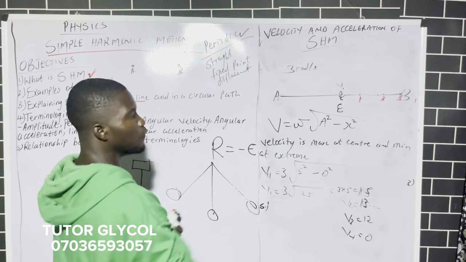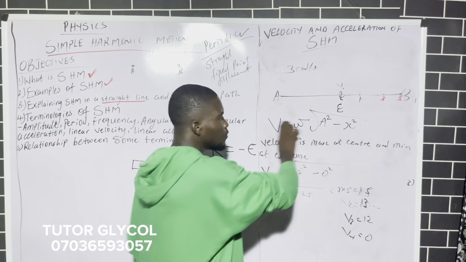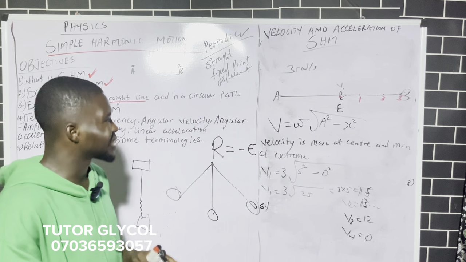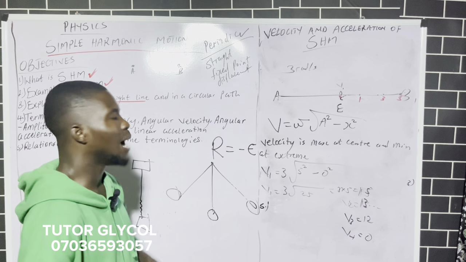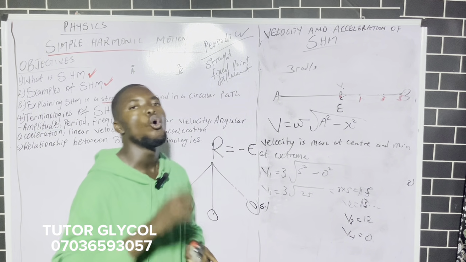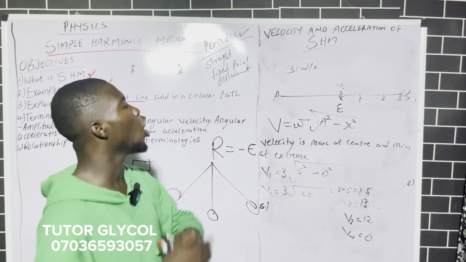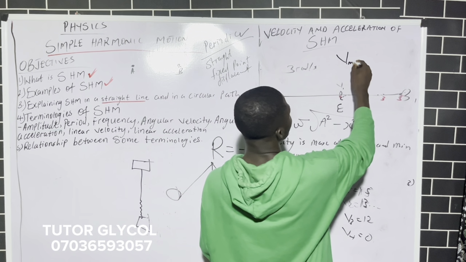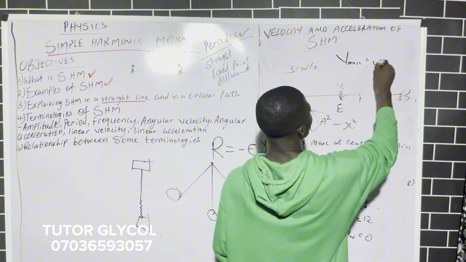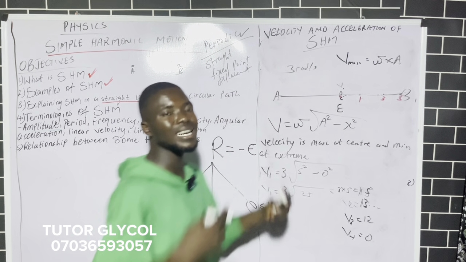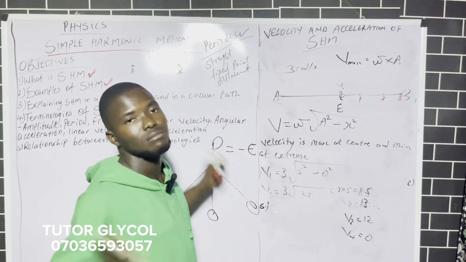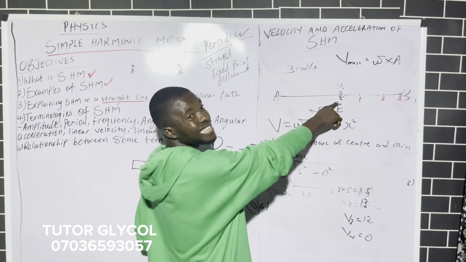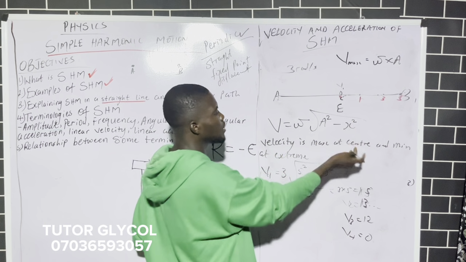So that is for velocity. This is the velocity formula for simple harmonic motion. To go straight to the point, because we know that velocity is maximum at the center and minimum at the extreme, if they ask you what the maximum velocity is, instead of all this long process, you just say v max is equal to ω times A. At the maximum velocity point, which is at the center, there is no displacement, so x is 0.